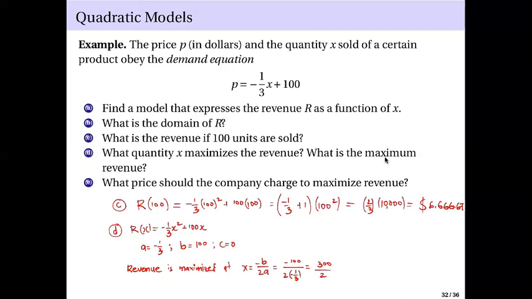And this is equal to 150. So this revenue will be maximized if you sold 150 units.